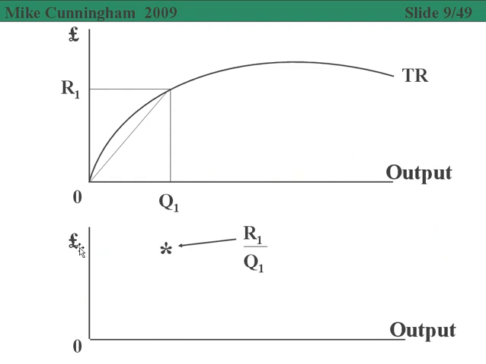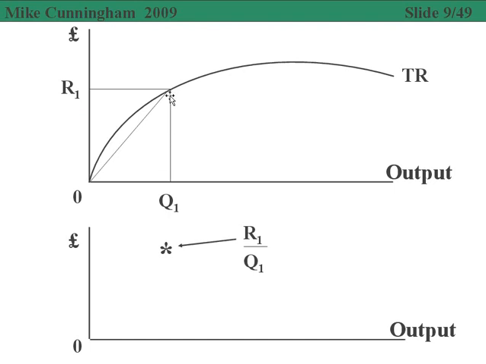Here we go. If you look at this ratio here, R1 is to Q1, which is just our average revenue, it is the total revenue, R1, divided by the output, Q1. That's how you work out an average. Not very difficult. Now, in fact what we've got here is R1, this distance up here, which is the same as the distance here.